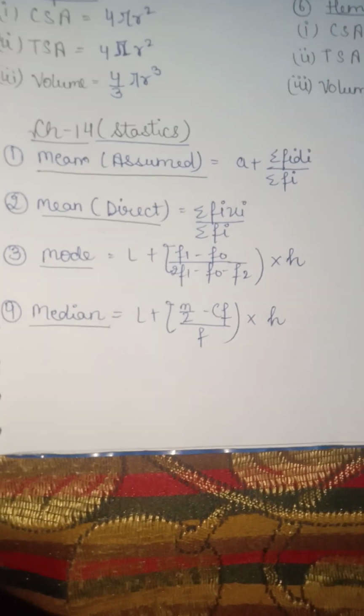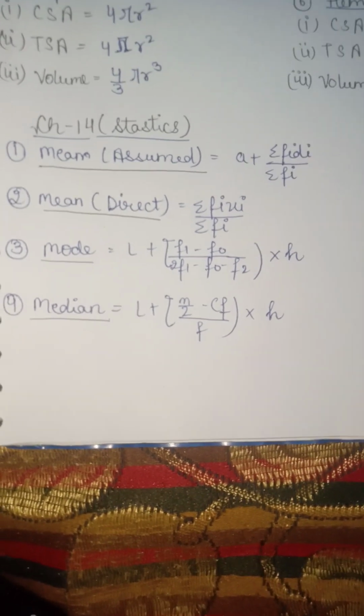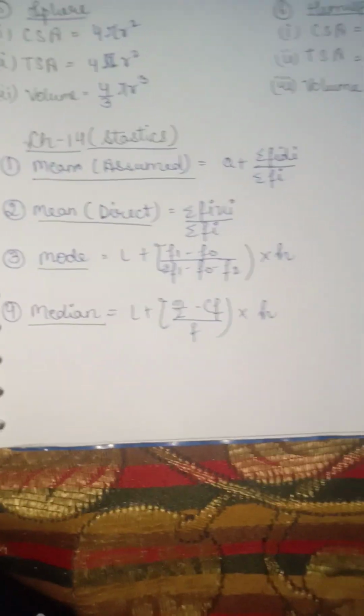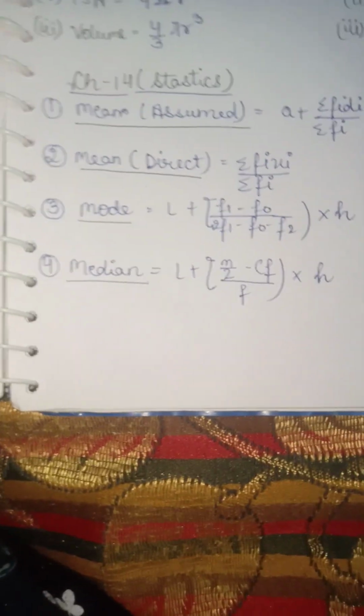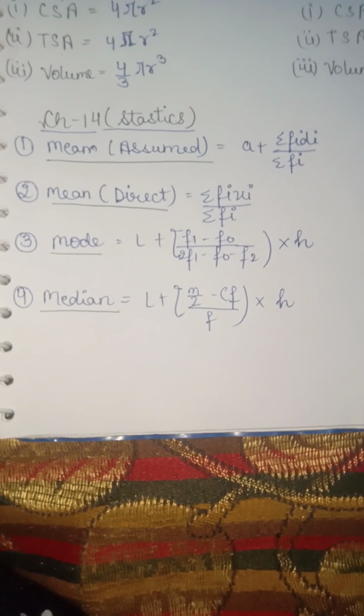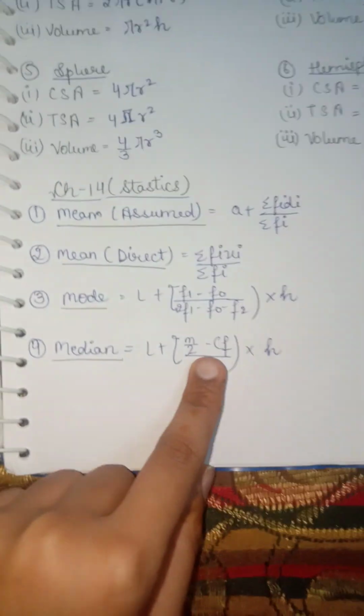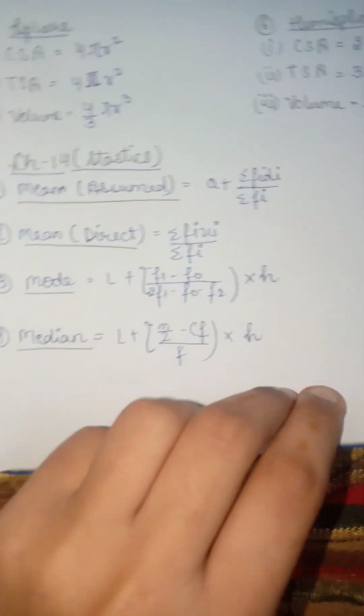Next, mode: L plus bracket f1 minus f0 upon 2f1 minus f0 minus f2 into h. And median is equal to L plus n by 2 minus cf upon f into h. Here cf is the cumulative frequency that we have to find.